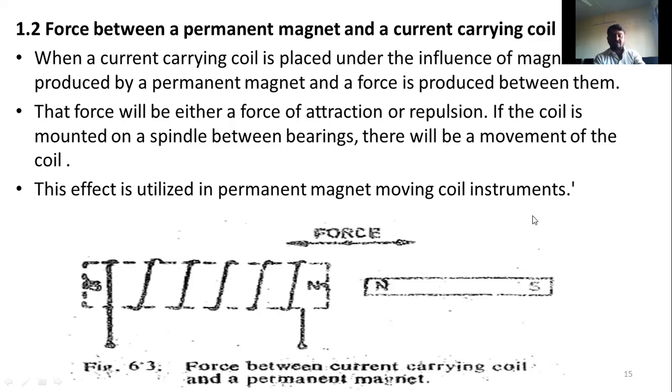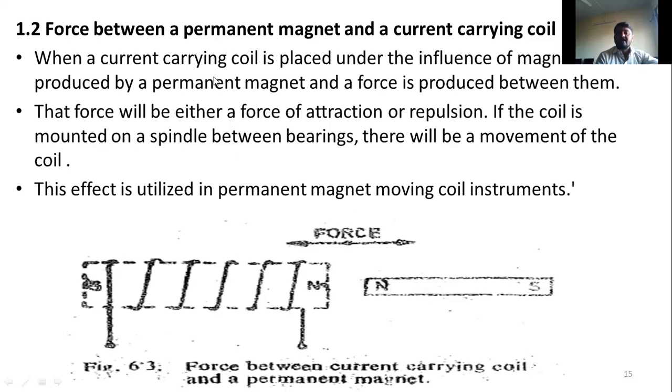PMMC, all of you have heard the instrument name or not? Yes, sir. In this, the magnet is fixed. There is no rotating or moving part in the magnet, but the coil is the moving part. It may be a force of attraction or repulsion.